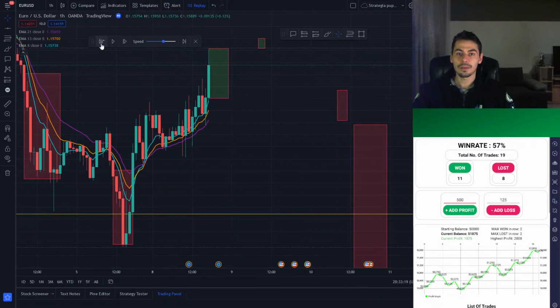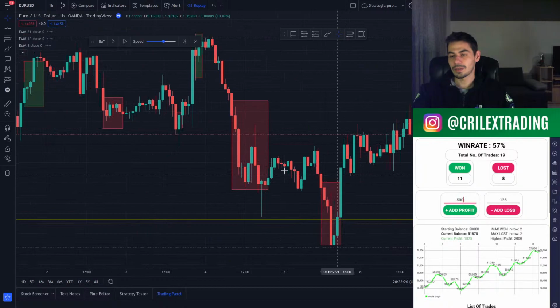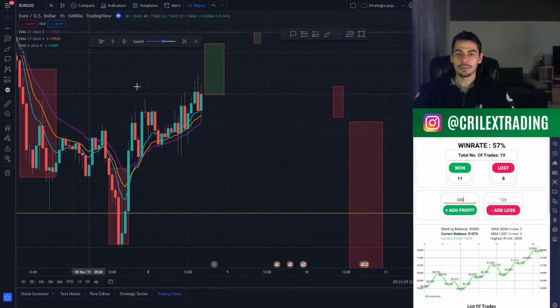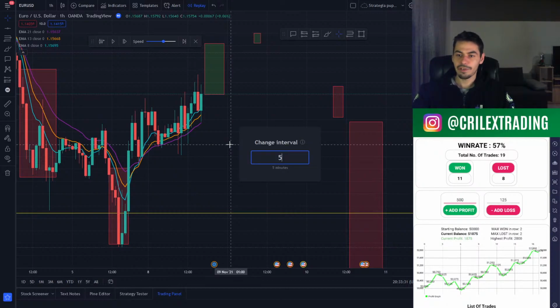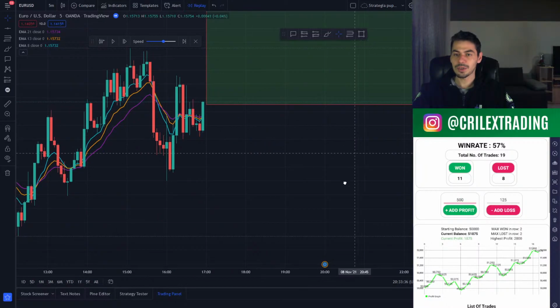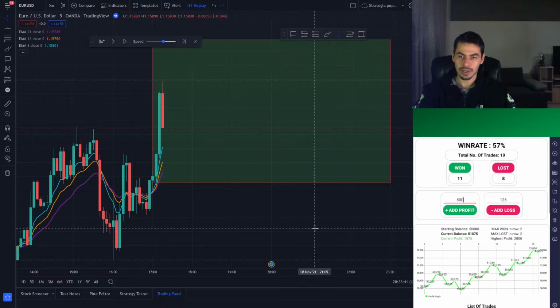I will just play 1 bar back, I think. Yeah, this should be just fine. Just play 1 bar, and now we will switch to the 5-minute time frame because the uptrend seems to be forming. So we will be looking for long signals.